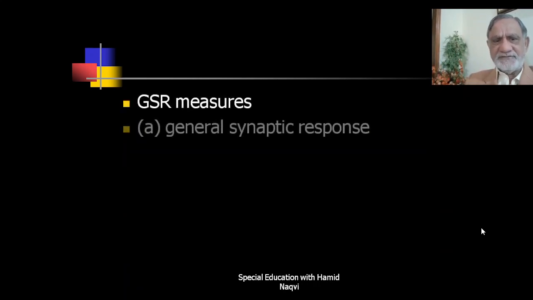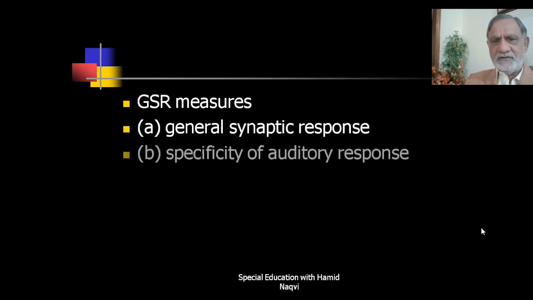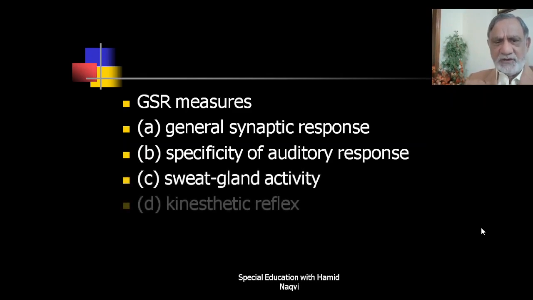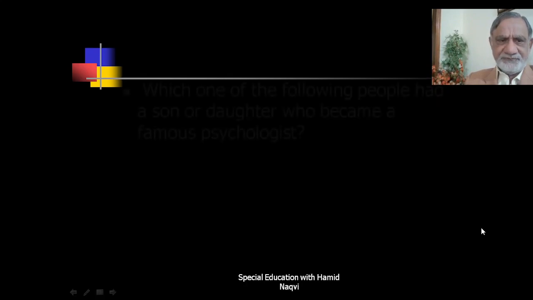GSR measures general synaptic response, specificity of auditory response, sweat gland activity, or kinesthetic reflex. The correct one is C, that is sweat gland activity.